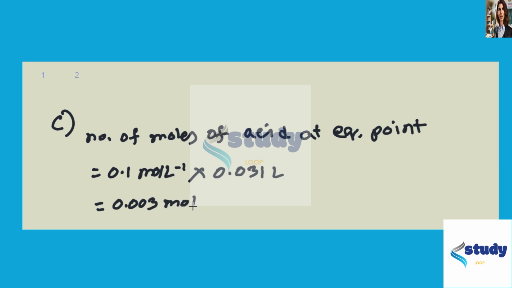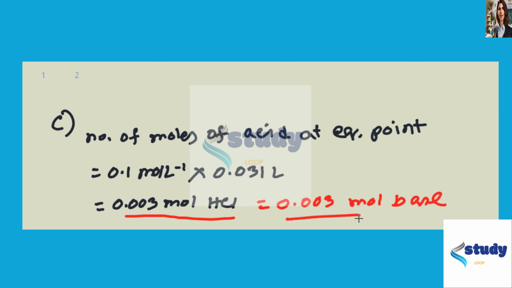So this is the number of moles of the acid at the equivalence point. And as we know, at the equivalence point the number of moles of acid is equal to the number of moles of base. That means we will have 0.003 mole of the base. Now we know the number of moles of the base, and we know the mass of the base we are adding, which is 0.3 gram.